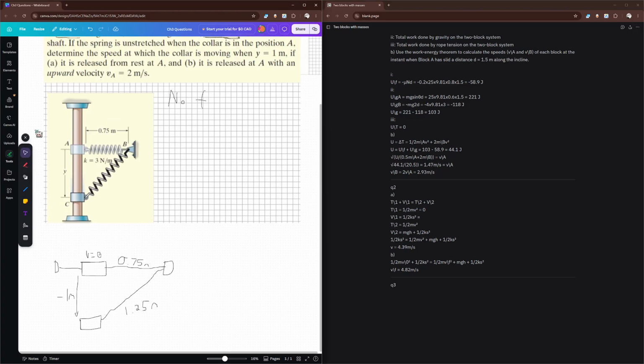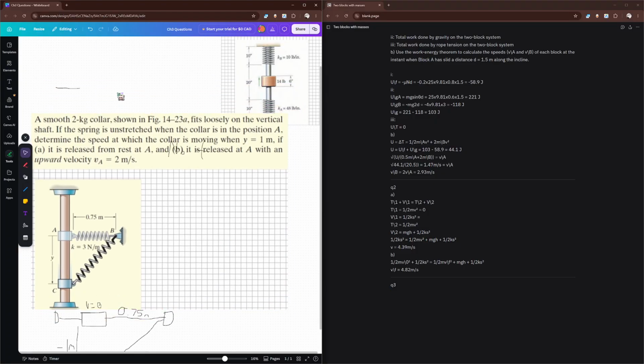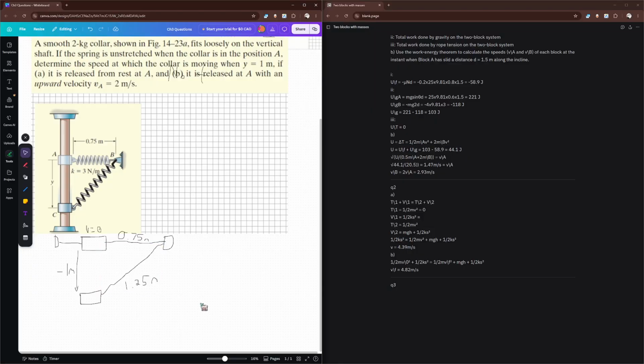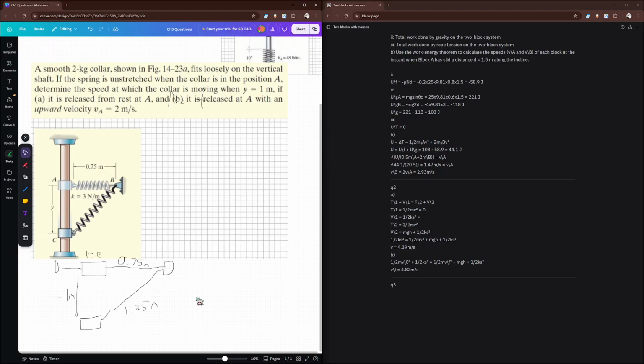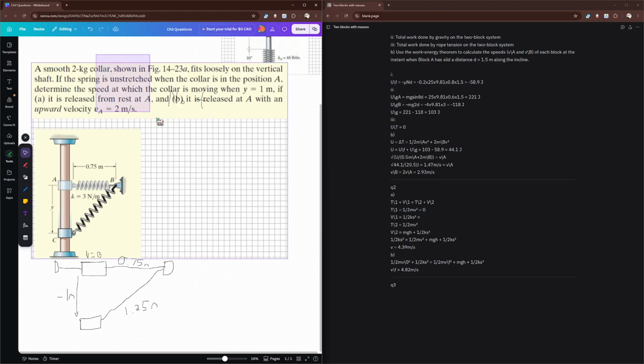This one is interesting mainly because I don't remember where the 1.25 comes from. It's not Pythagorean's because 1.75 square root isn't 1.25. I don't know.